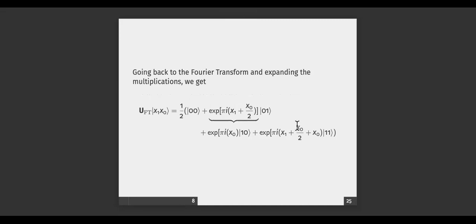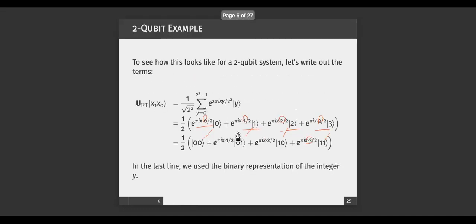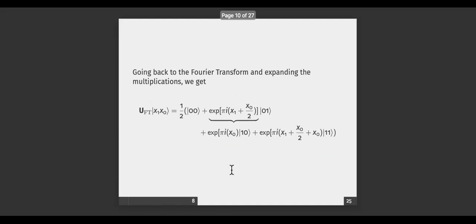Next slide. If we go back to the Fourier transform earlier and expand the multiplications, we will get this. So if we go back to this one and apply the bitwise multiplications, then you will end up with this expression.